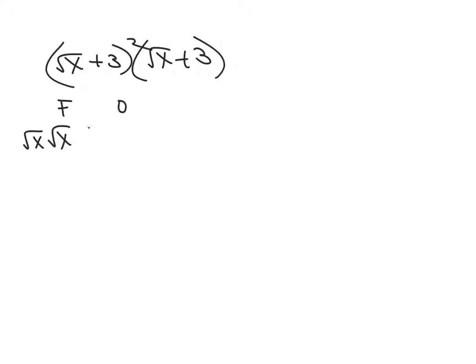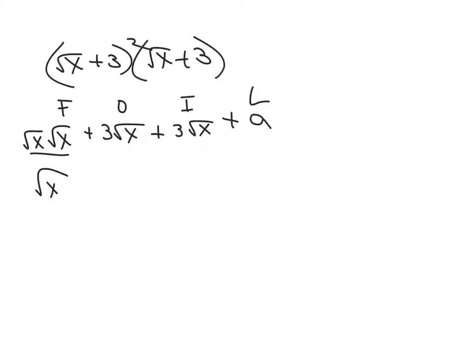The outside would be 3 square root of x. Inside would be 3 square root of x. And last would be 9. Square root of x times square root of x is the square root of x squared, which is just x.